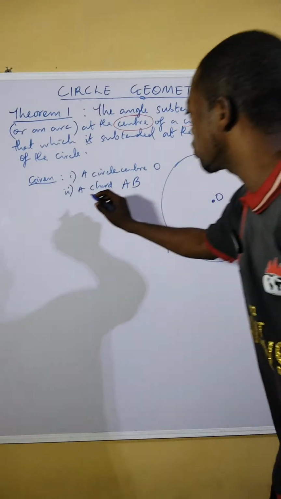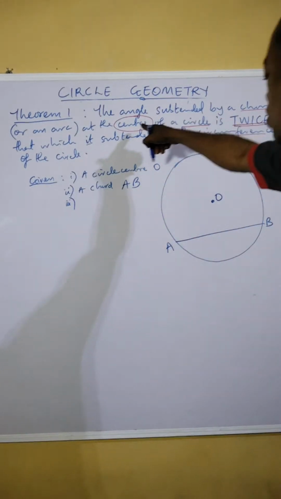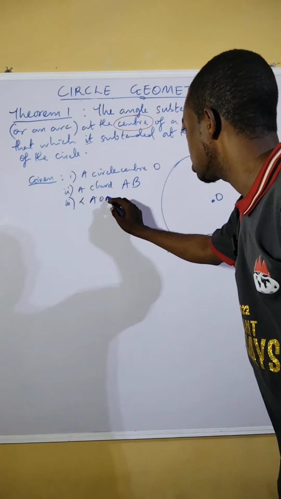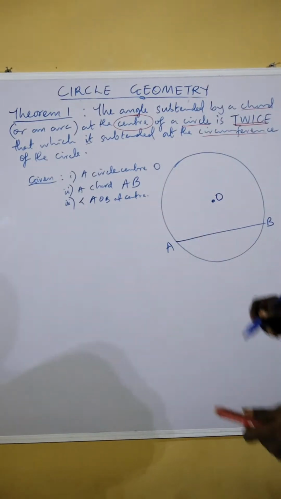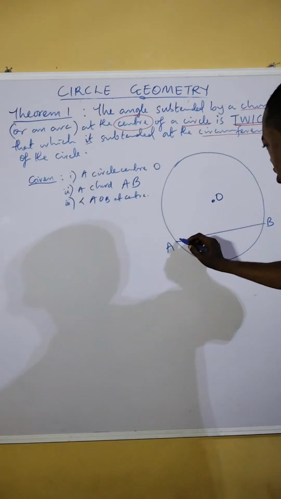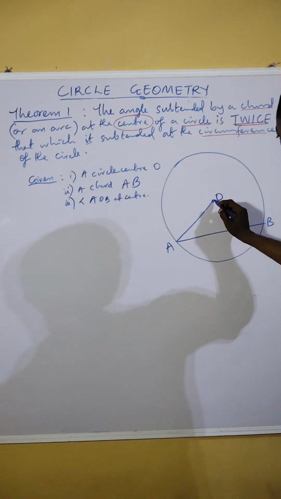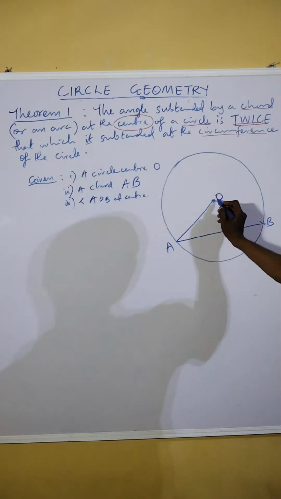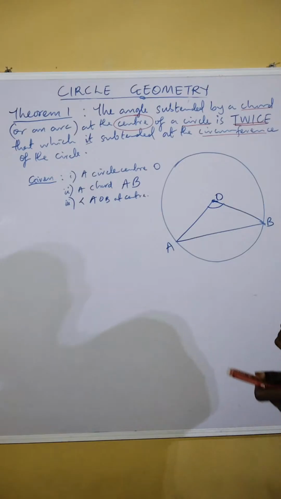And also, on the question, we are given some things as well. Angle at the center. So we can say angle AOB at the center. Now, we are going to have two angles at the center, but in this case we want to consider the interior angle. So we connect A to O and also B to O. So we have this angle now formed at the center here.